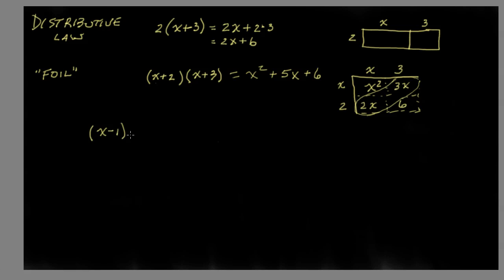x minus 1, no problem, times x squared plus 2x minus 3. Now what? Well, the FOIL method, as I said, falls apart on us, but if we buy into this area idea, we can simply think of, again, a large rectangle, this time split into 3 across the top: x squared, 2x, and minus 3.